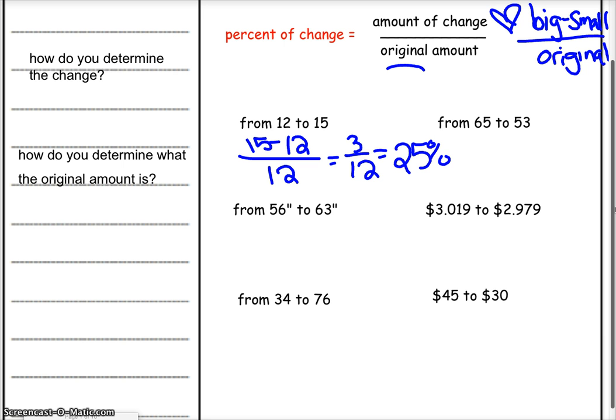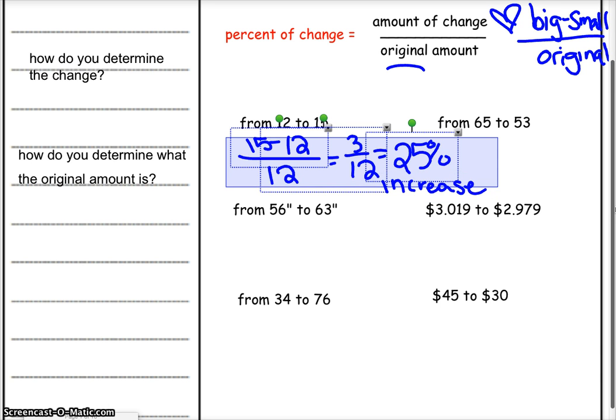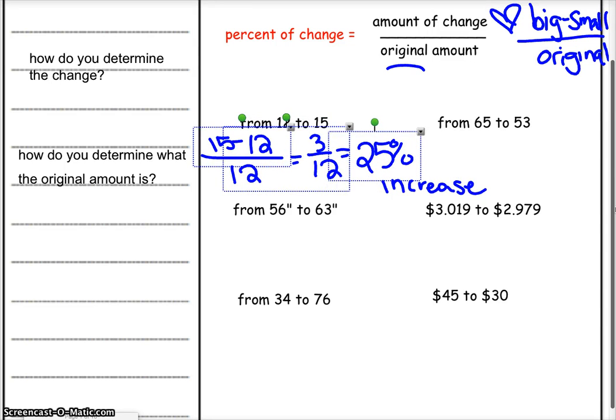Did I get bigger or did I get smaller? Increase. I got bigger. So I take the big minus small over where I started, the original number, turn it to a percent, and then I decide if it was an increase or a decrease.